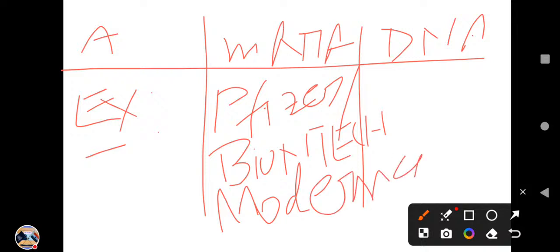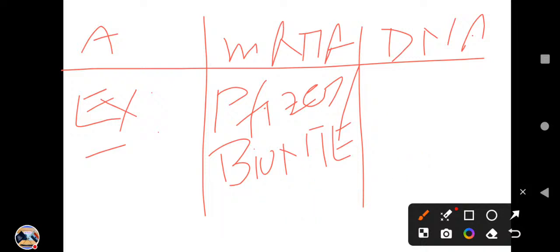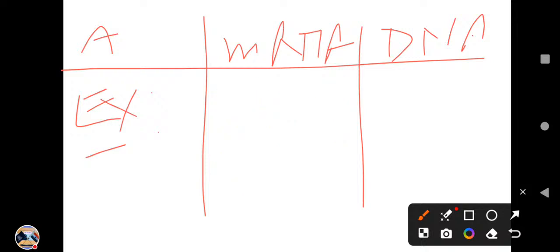These are mRNA based vaccines. And for DNA based vaccines, India developed DNA based vaccines.